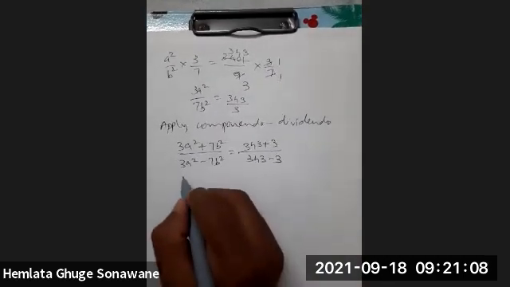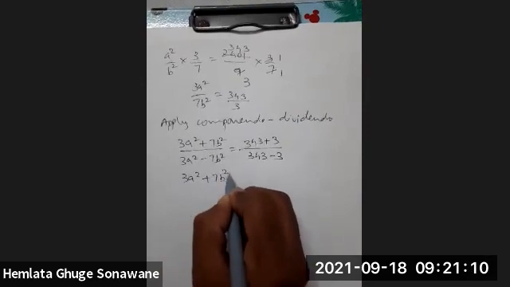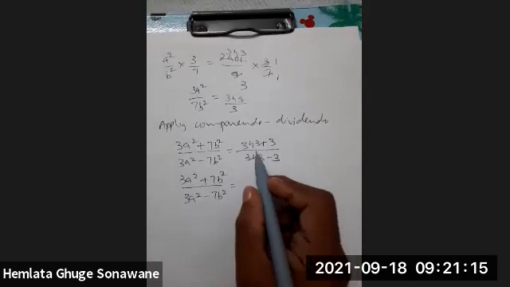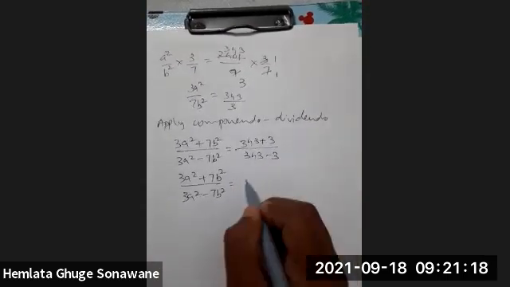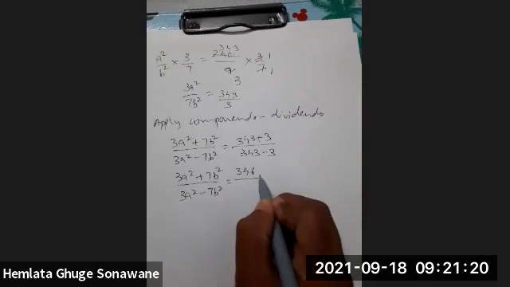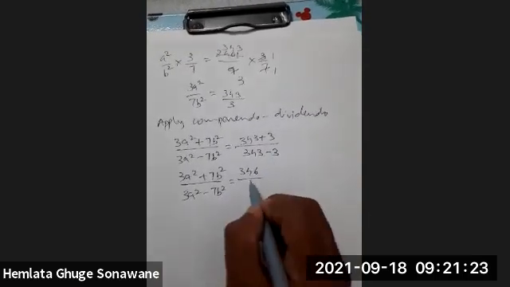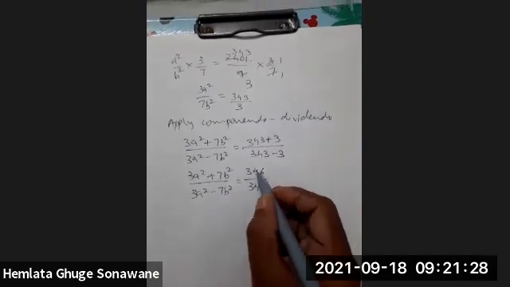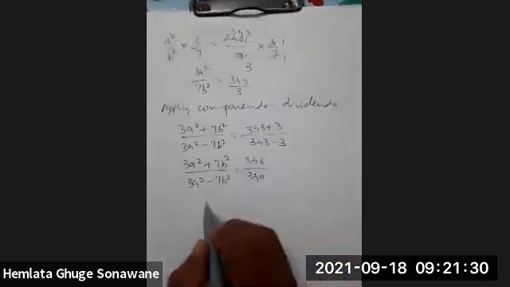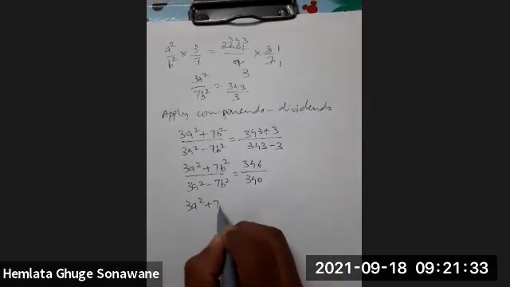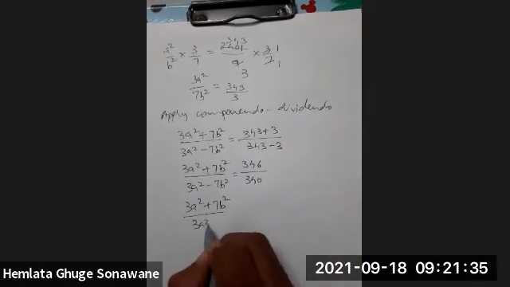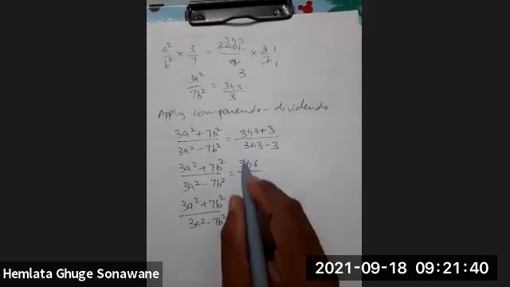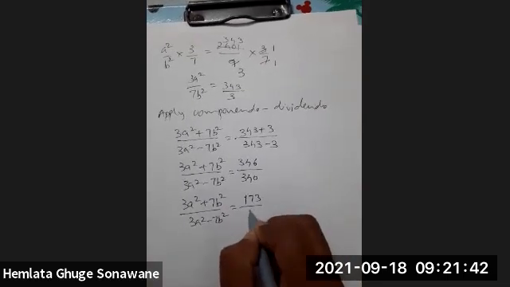Now here, 343 plus 3 is 346, 343 minus 3 is 340. You can divide these terms by 2. So it becomes 173 upon 170.